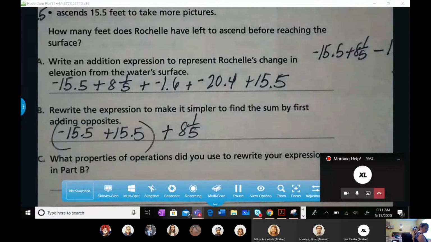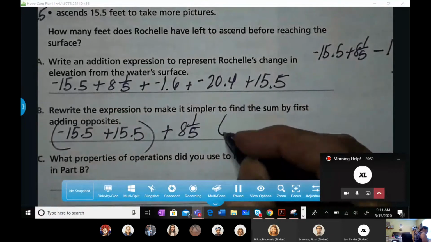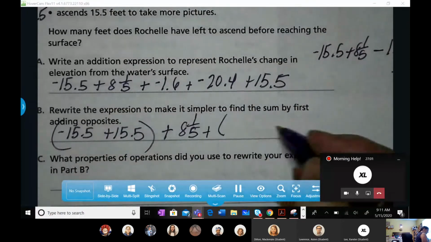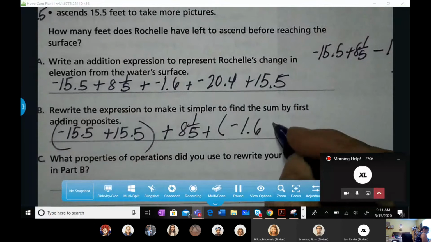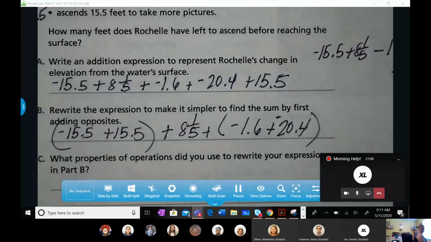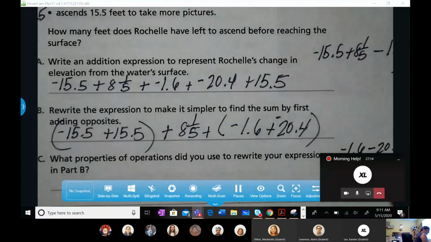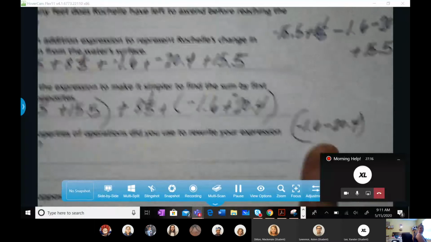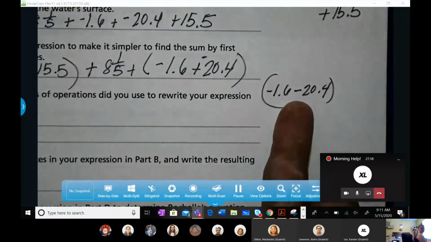Because right now it's the only fraction. And then I would add to that those two negatives. And once again, I could have said this was negative 1 and 6/10 minus 20 and 4/10. Either way, I could have written them that way, okay, because they mean the same thing.